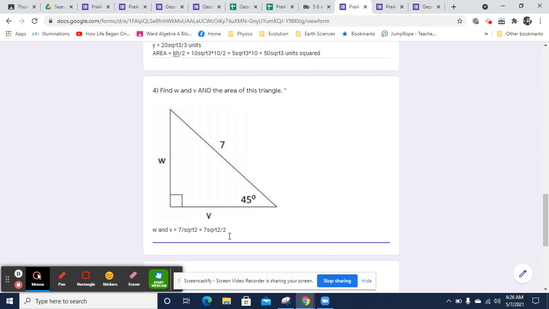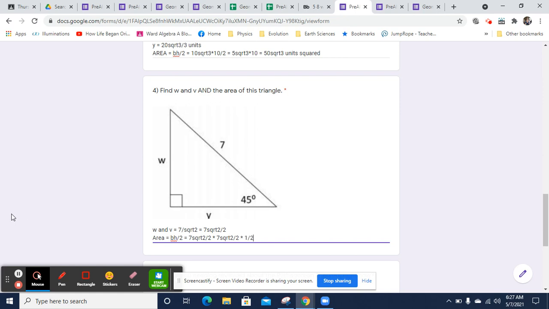So area will equal base times height all over 2. So that's going to be 7 square root of 2 over 2 times 7 square root of 2 over 2, all divided by, I'm actually going to call it times 1/2, because that's the same thing as dividing by 2.